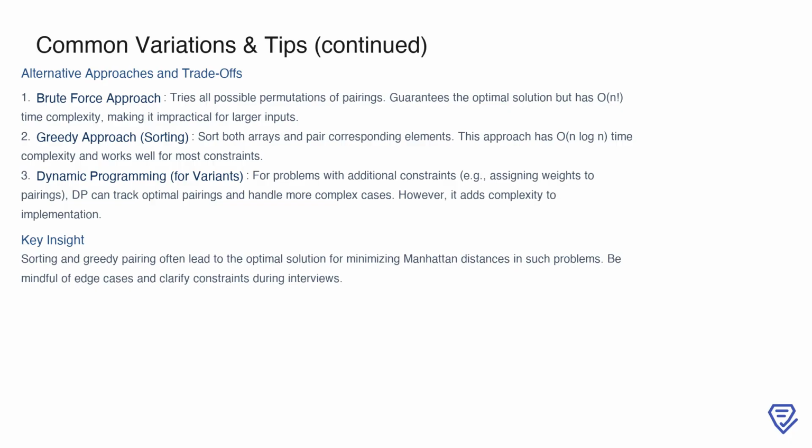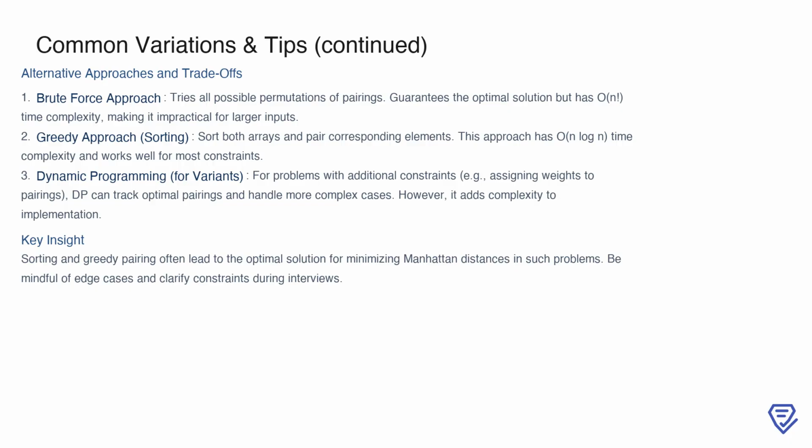This method has a time complexity of O(n log n) and is efficient for most problem constraints. For variants of this problem where additional constraints are introduced, such as assigning weights to pairings, dynamic programming can be used. DP allows you to track optimal pairings while handling more complex requirements, though it increases implementation complexity.